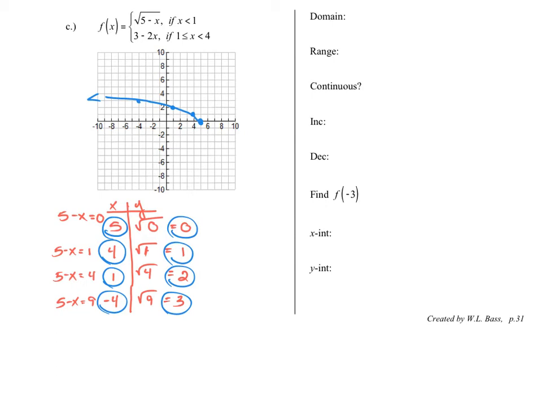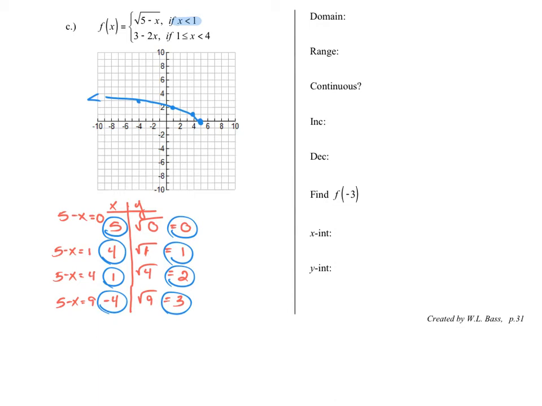Now I'm going to go back and look at the fact that I actually only want to keep where this function's domain is less than 1. So I'm going to first find an x value of 1. And I only want to keep the portion of this graph for x values less than 1.